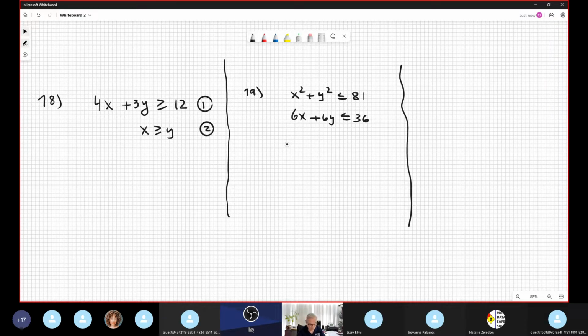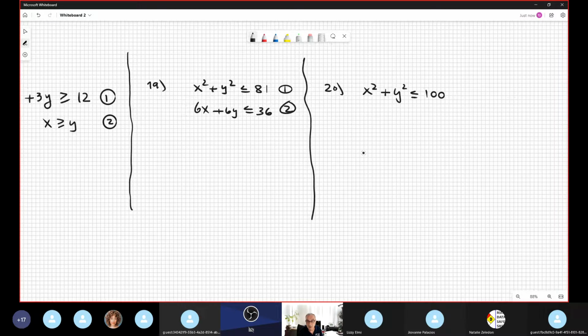And 20 is x squared plus y squared less than or equal to 100. Inequality 1, and inequality 2, and this is 19, no?